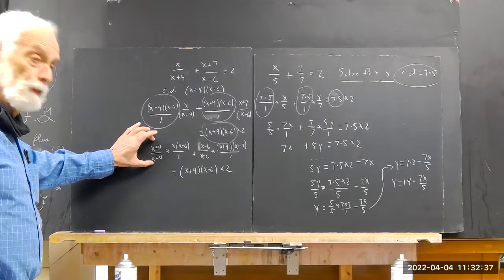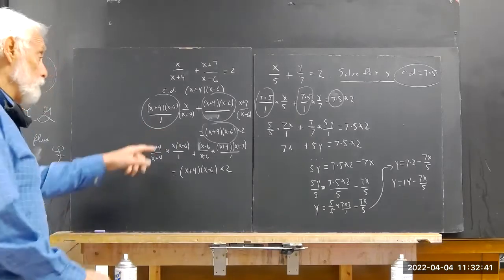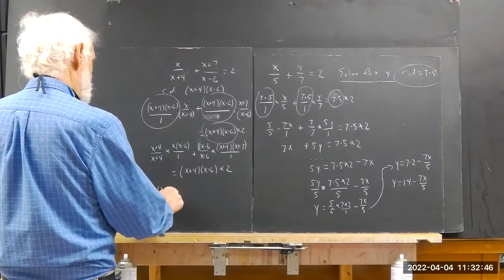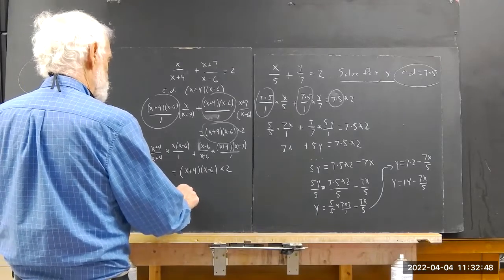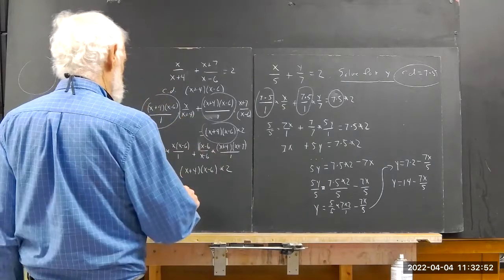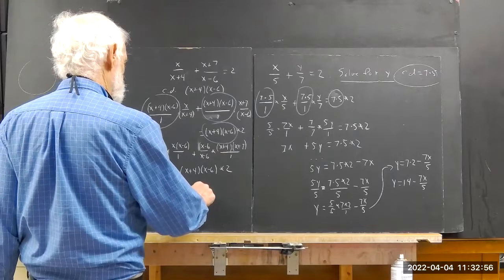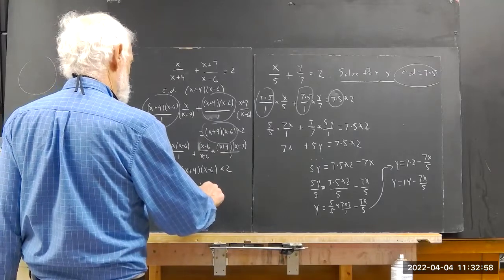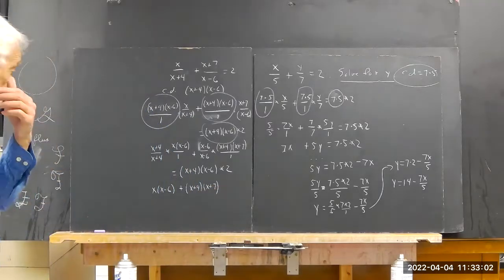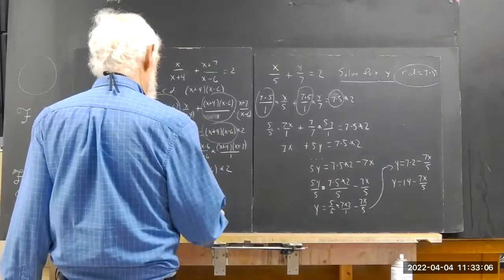Now, these divide out to 1, leaving me x times x minus 6. These divide out to 1 and the 1 here, leaving me x plus 4 times x plus 7, and my right-hand side isn't affected.